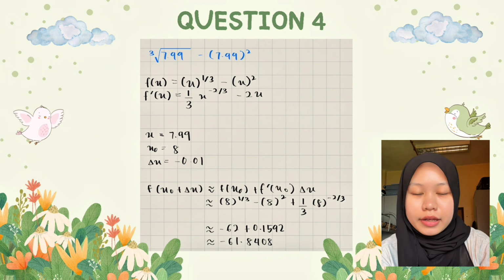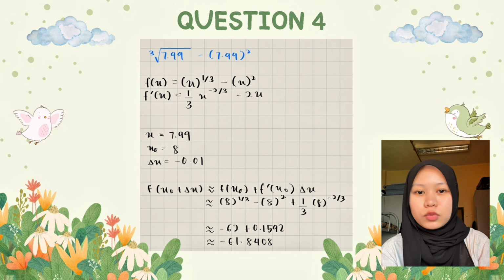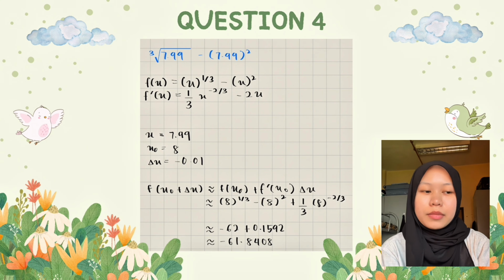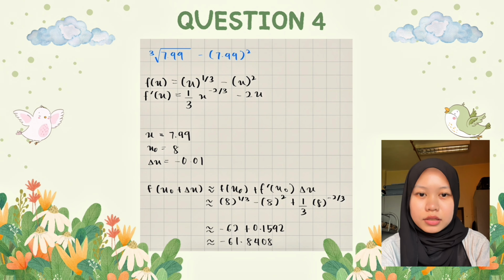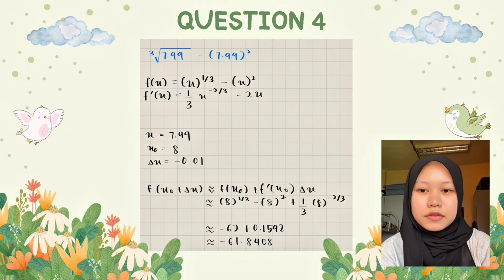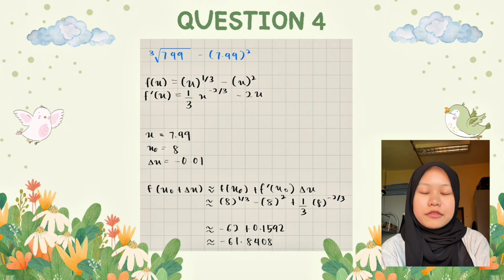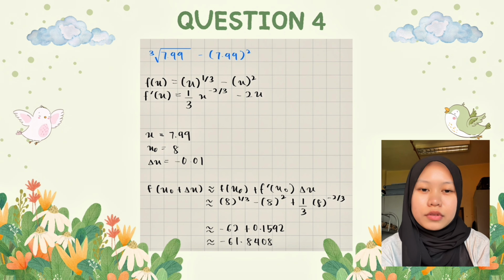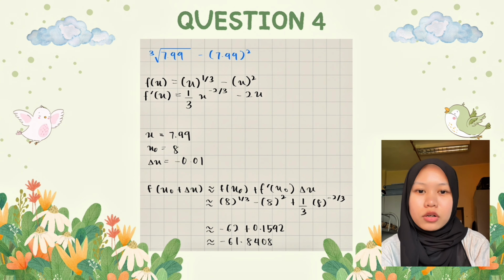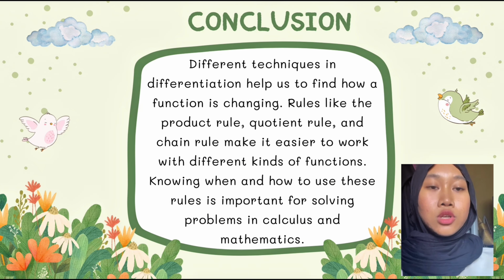So you will get 8 to the power of 1 over 3 minus 8 squared plus 1 over 3 multiplied by 8 to the power of negative 2 over 3 approximately equals negative 62 plus 0.1592 and the last answer is negative 61.8408.